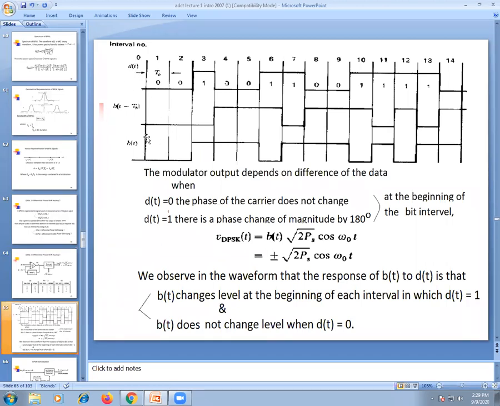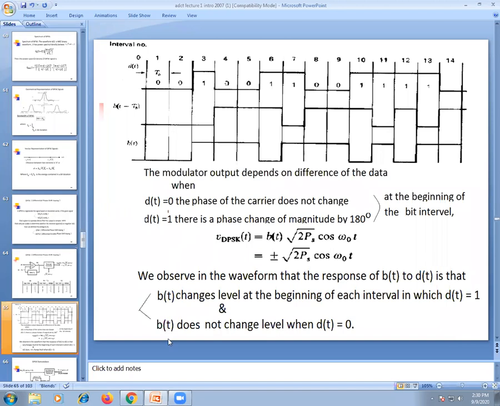Make note of that point. b(t) changes its level at the beginning of the bit interval in which d(t) is equal to 1.